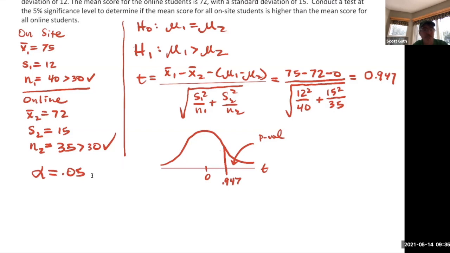I also believe something is wrong. V1 is 3.6, V2 is 6.43. I don't understand how in the world my degrees of freedom didn't change. Oh, because I didn't change the sample sizes. 40 and 35. Okay.